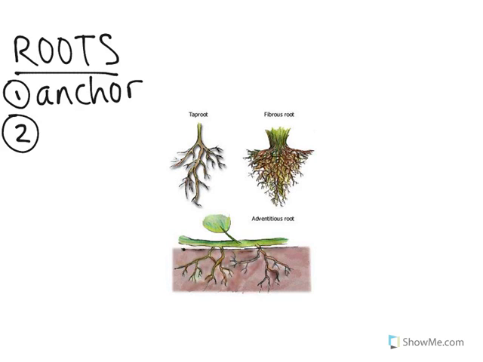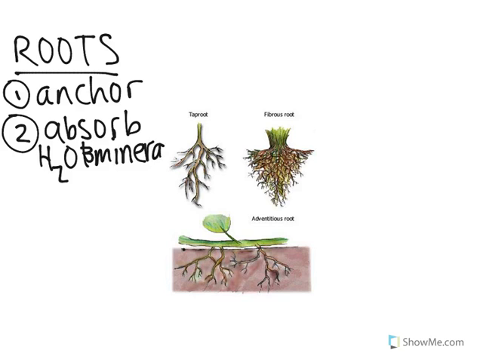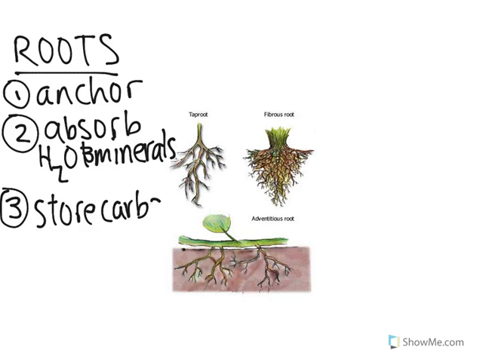The second function that roots have is to absorb minerals and water from the soil, and to transport those nutrients into the rest of the plant. And the third one, which is a little less well known, is that it can help store carbohydrates.